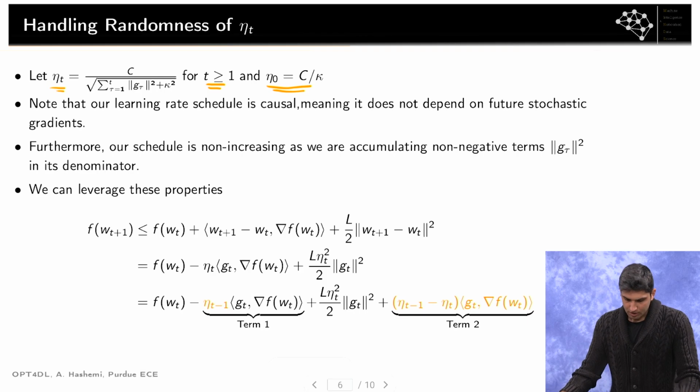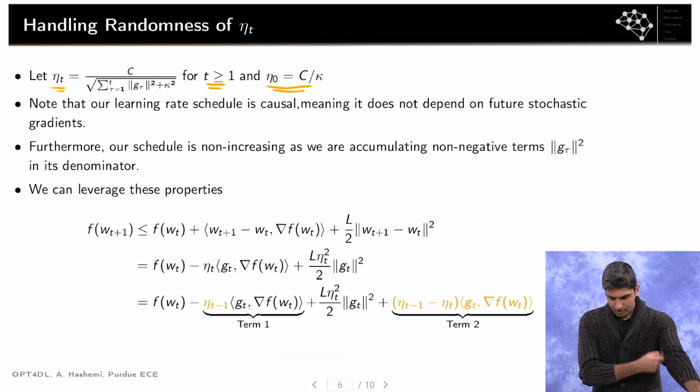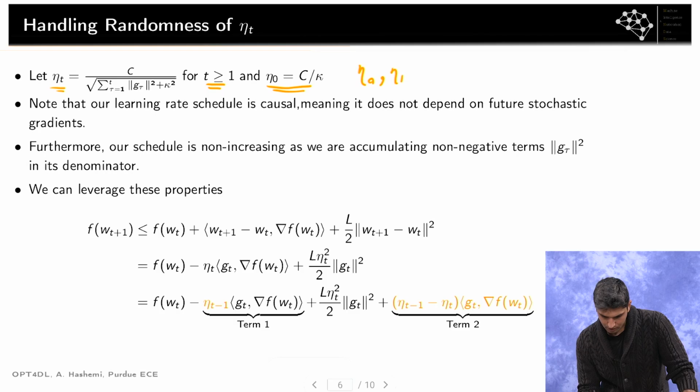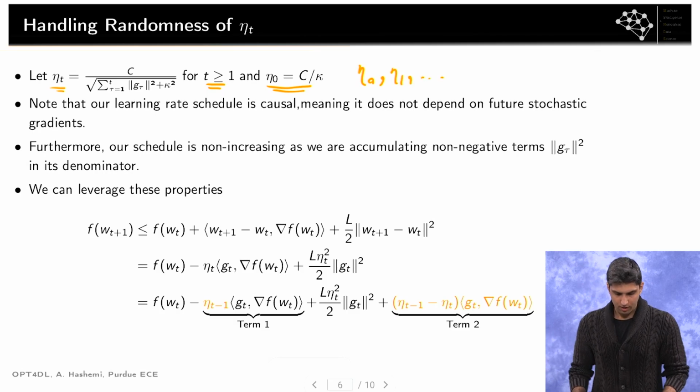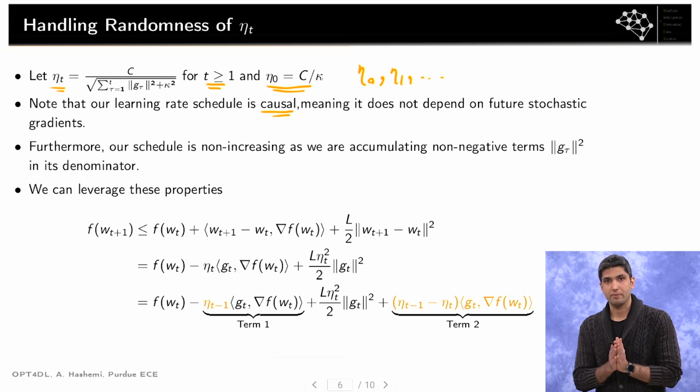Now with this definition, if I consider the sequence of learning rates eta_0, eta_1, etc., they satisfy two very nice properties. First of all, the learning rate is causal, meaning that the learning rate at time t does not depend on future observations. It only depends on the current and past observations.